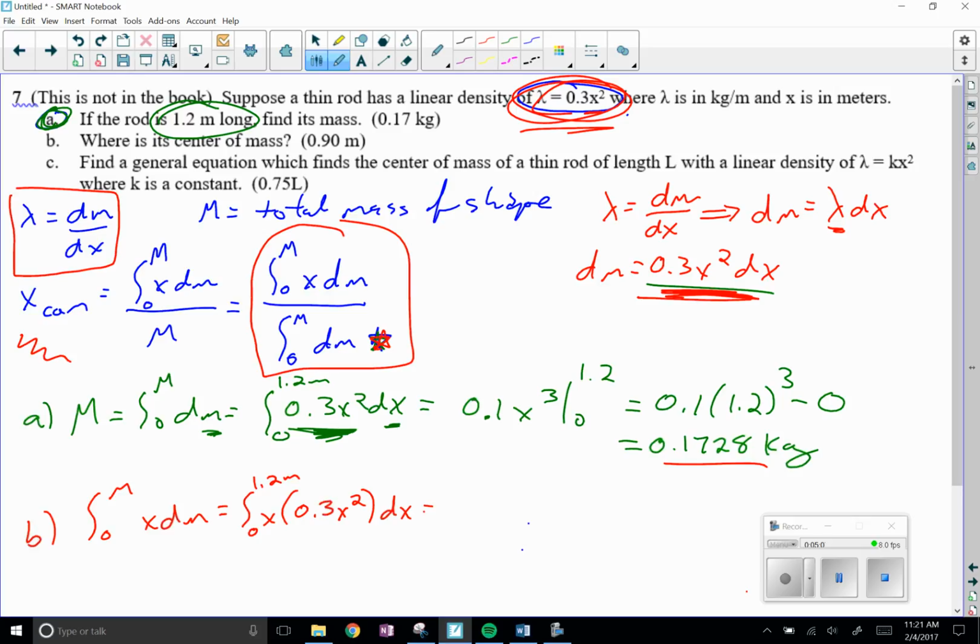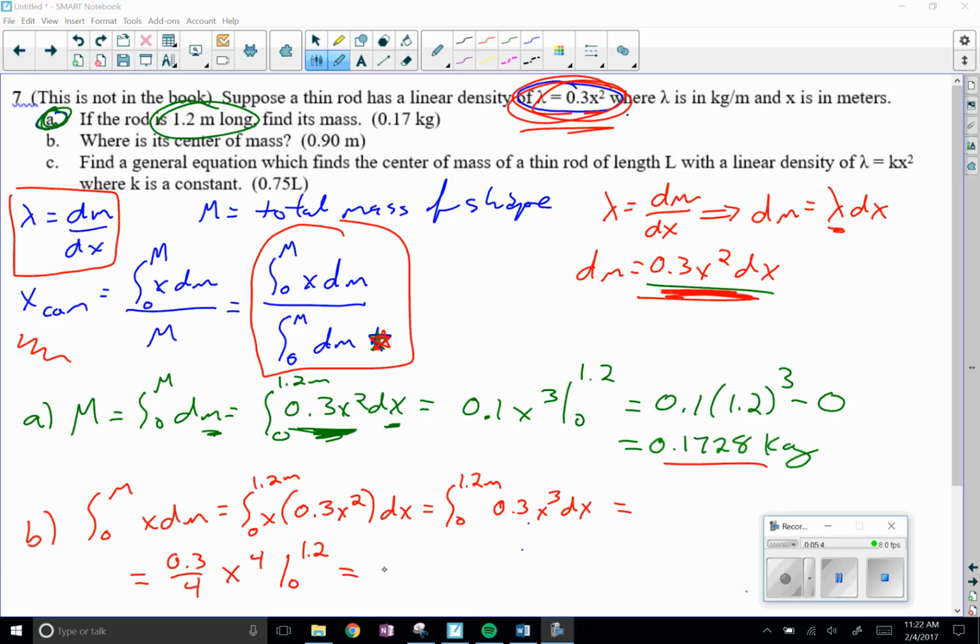So this is the integral from 0 to 1.2 meters of 0.3 x cubed dx, which is, let's see, we're going to get x to the fourth, and I'm just going to write 0.3 over 4, so that when you multiply by 4, the 4's cancel, right? So from 0 to 1.2.